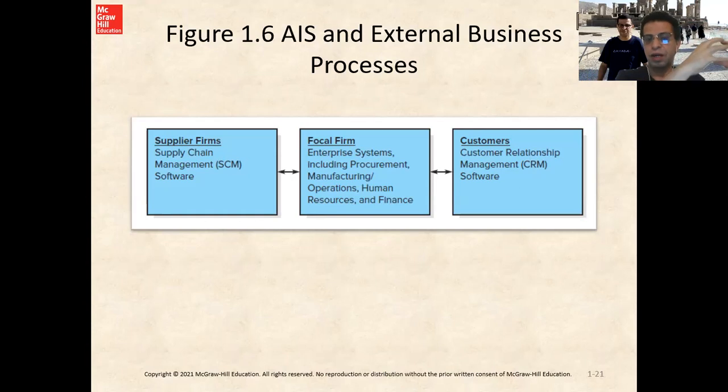The focal firm is the enterprise system, which includes procurement, manufacturing, operations, human resources, and finance. And then you have the part of the application that deals with the customer, which is called CRM, or customer relationship management software.